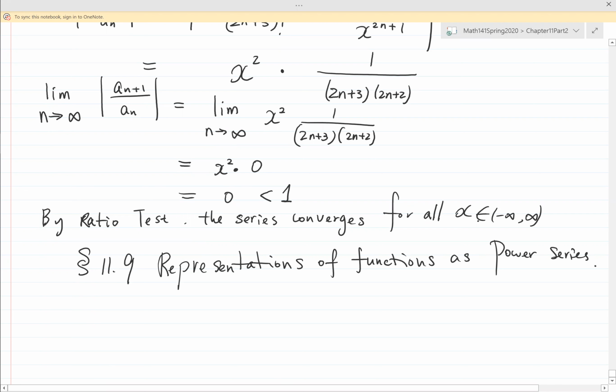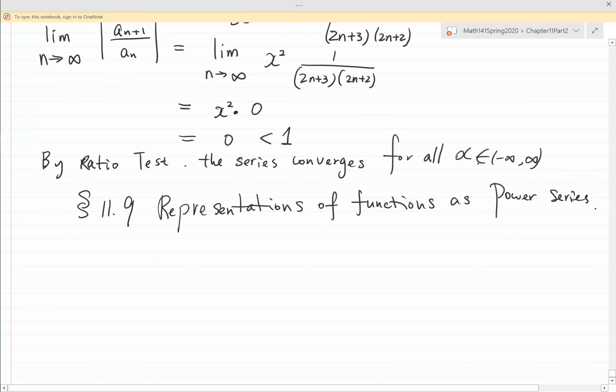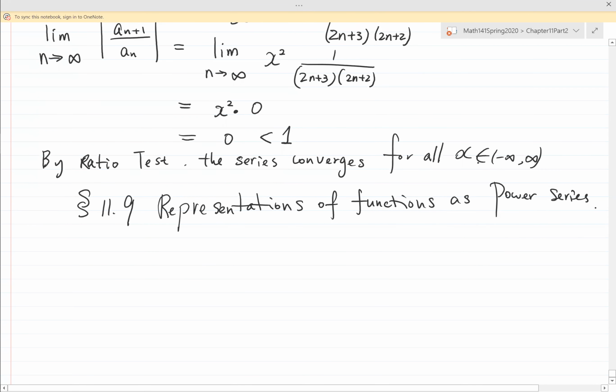Now the idea is we can use polynomials to approximate a function, if this function is reasonable or nice. A polynomial is a special case of a power series. So actually we can approximate a reasonable function by a power series.